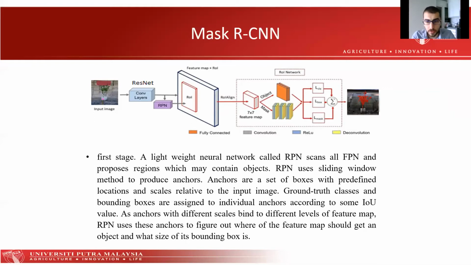Ground truth classes and bounding boxes are assigned to individual anchors according to the IOU, intersection over union value. And the intersection over union value is the ratio of how much of an object is detected in an anchor.